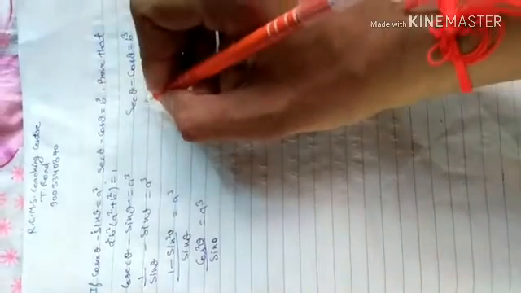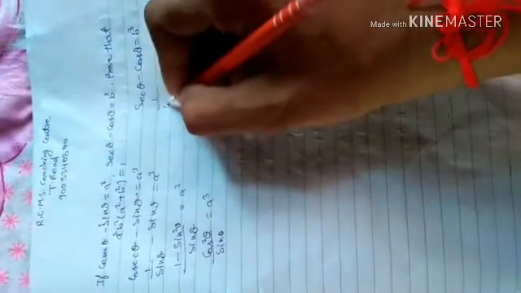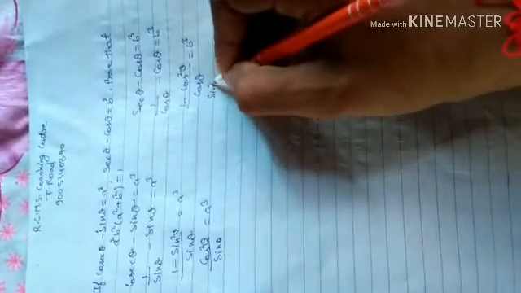Now from this value we can change sec theta into 1 by cos theta: 1 by cos theta minus cos theta is equal to b cube. 1 minus cos square theta by cos theta is equal to b cube. Sin square theta by cos theta is equal to b cube.